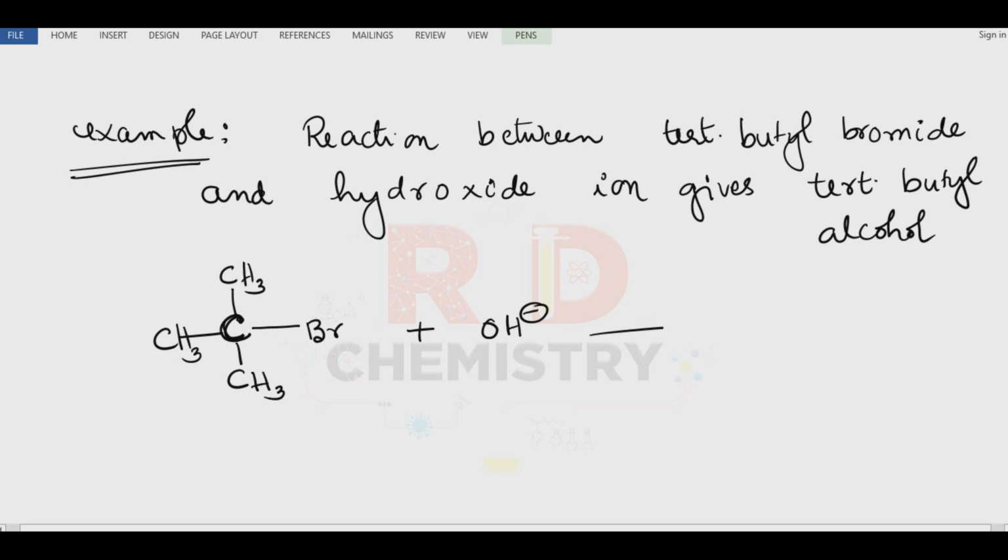Our target is to remove this halide ion, to give carbon attached to the OH, and then CH3, CH3 and CH3. The Br atom, the halogen, is a leaving group. So it becomes Br minus, bromide ion, halide ion. So this is the alcohol now.